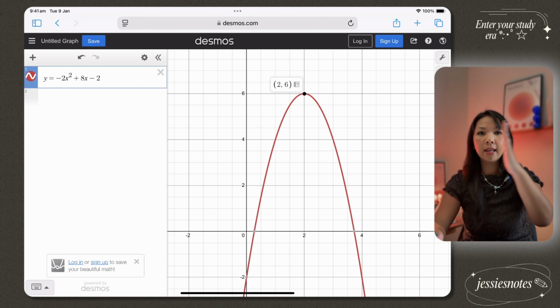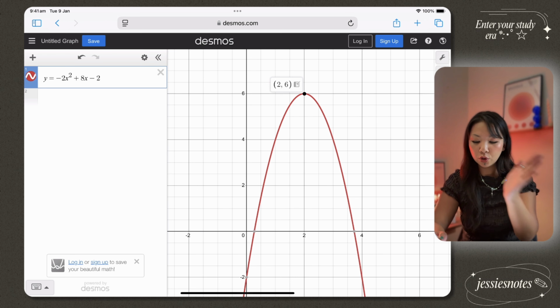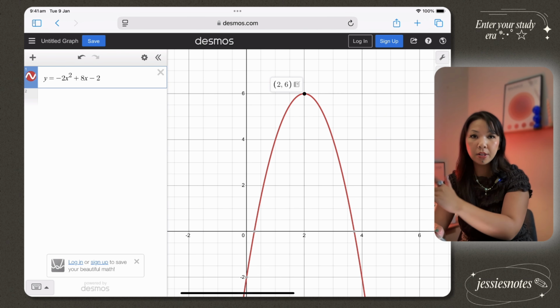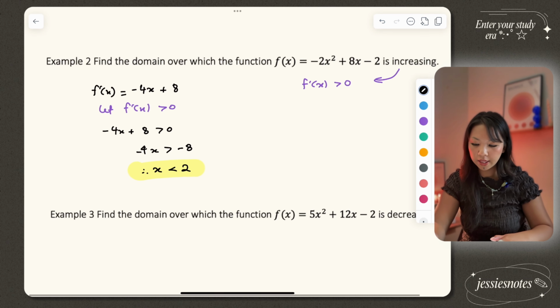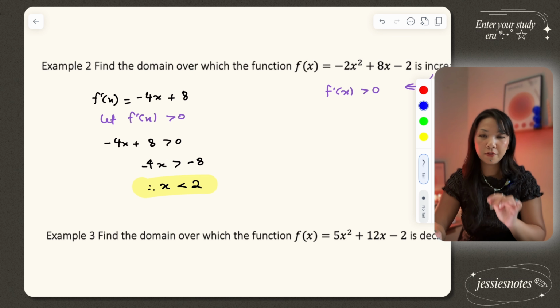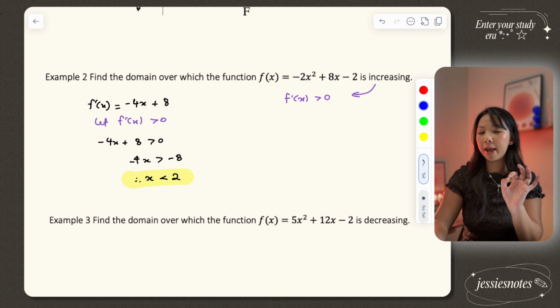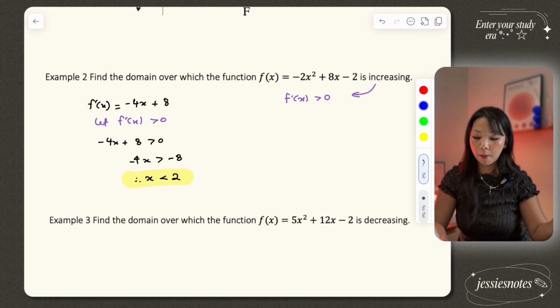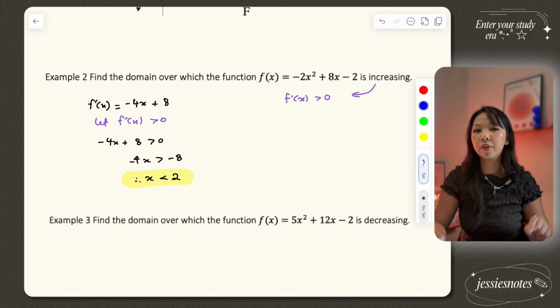To the left of x equals 2, so when x is less than 2, the curve is increasing, isn't it? But to the right of 2, when x is greater than 2, the curve is decreasing. So that fully aligns with our solution. If you want to confirm your answer, just pop the equation onto Desmos and see if it's correct.